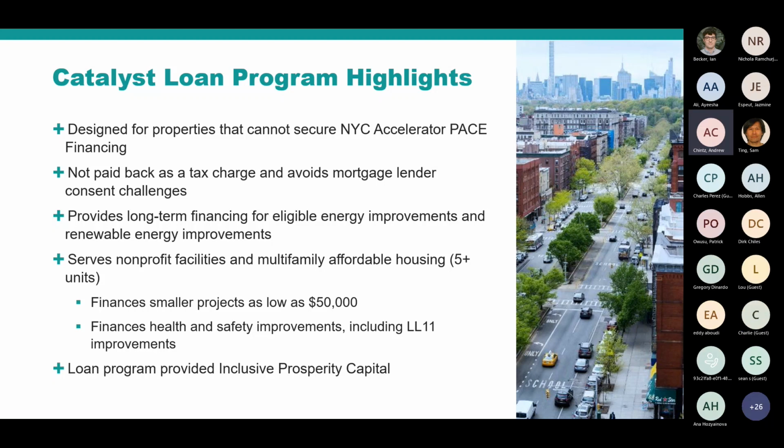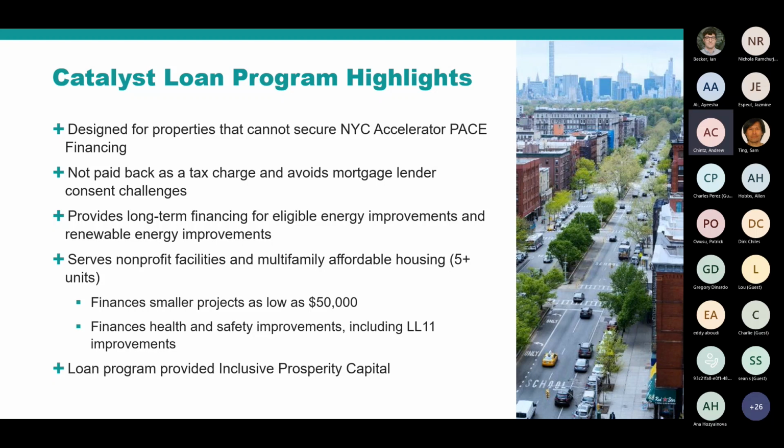This was actually designed in Connecticut in their PACE program and the Connecticut Green Bank because they came across the same issues with buildings, like small projects, condominiums, affordable housing, because those lenders sometimes will not accept a PACE loan. These are all the types of buildings that the Catalyst loan can use, and it is provided by a nonprofit lender called Inclusive Prosperity Capital. Again, it's an offshoot of the Connecticut Green Bank.